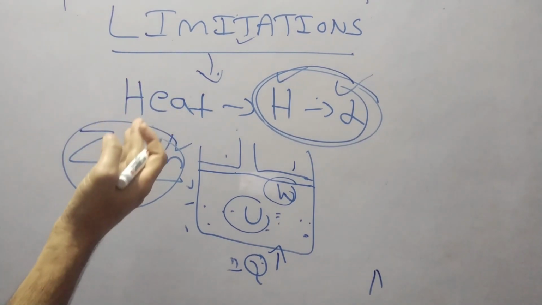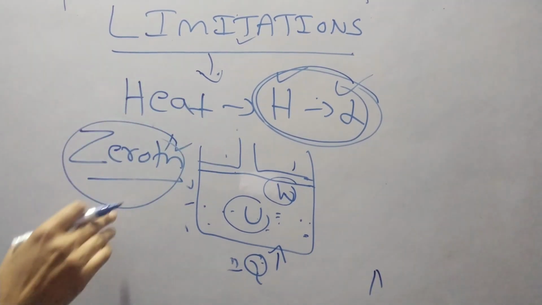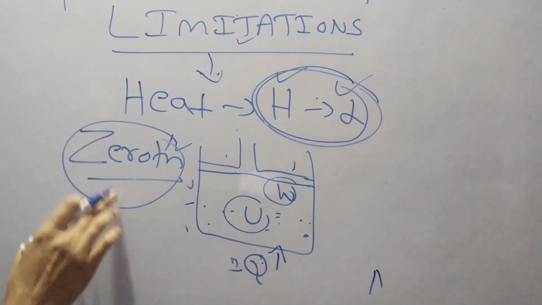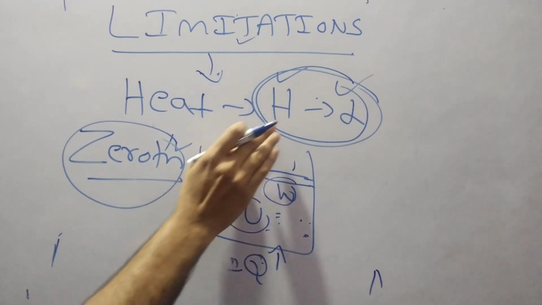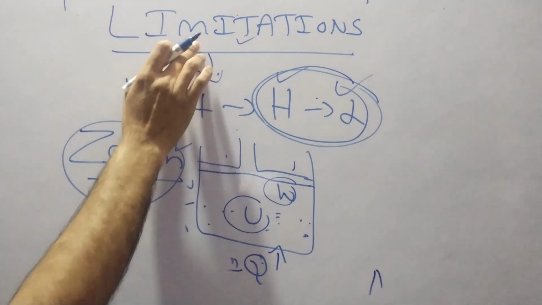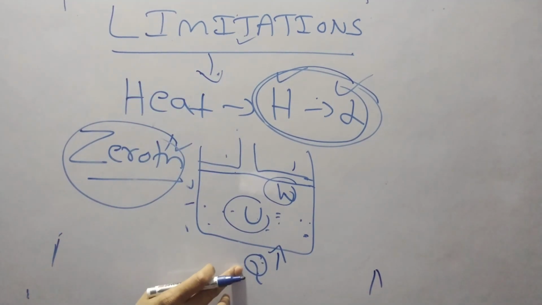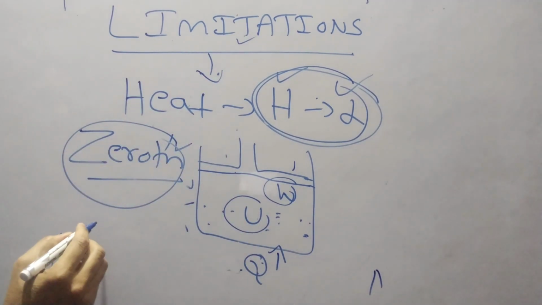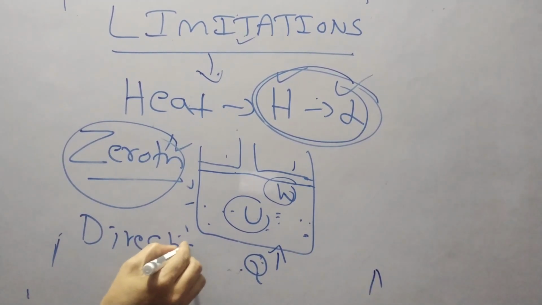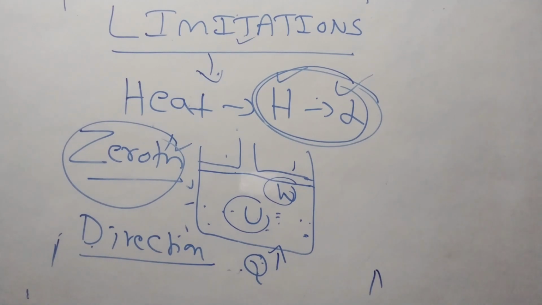Why the zeroth law came later, I also defined in the zeroth law of thermodynamics video. You can watch that video. That's why the limitation in the first law of thermodynamics is that direction is not specified.